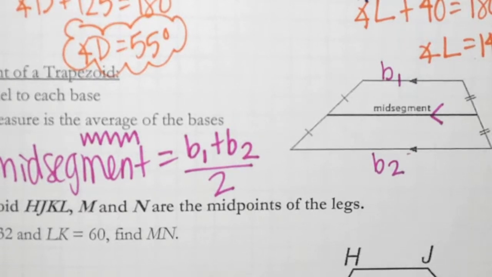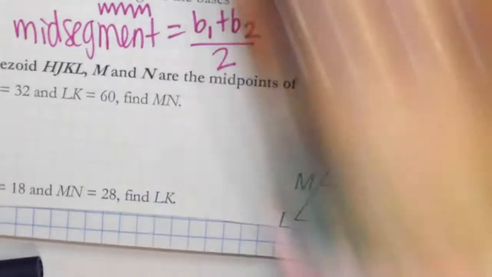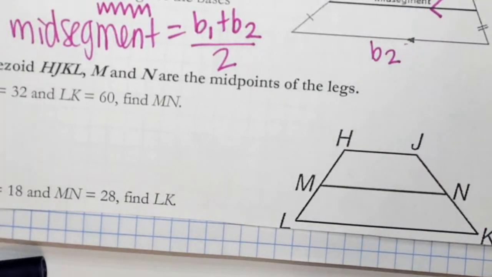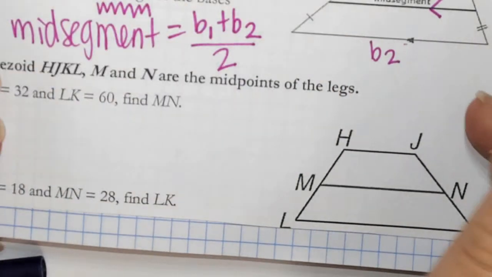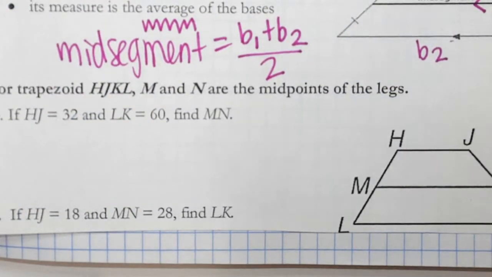Alright, are we ready to look at a problem? Our problem at the bottom says that HJ is 32 and LK is 60. So it gives us both of our bases and it wants us to find the mid-segment. How would we do that?